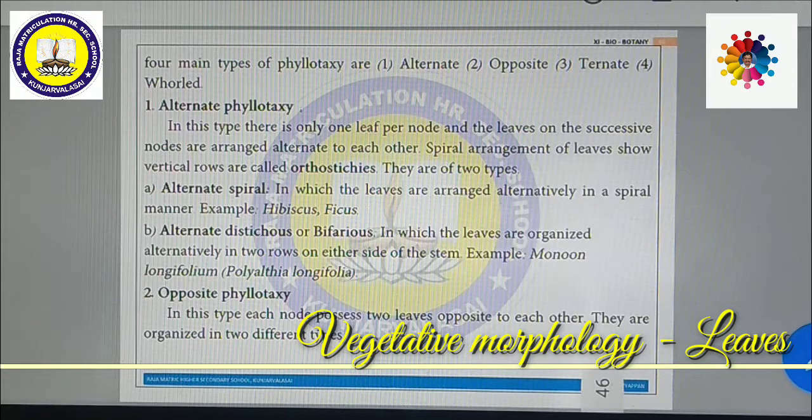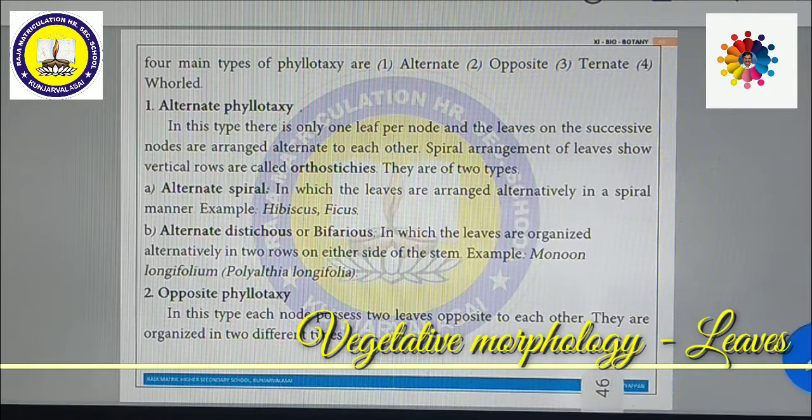In alternate phyllotaxy, there is only one leaf per node, and the leaves on successive nodes are arranged alternate with each other. The spiral arrangement of leaves shows vertical rows called orthostichies. They are further divided into two types, namely alternate spiral and alternate distichous.